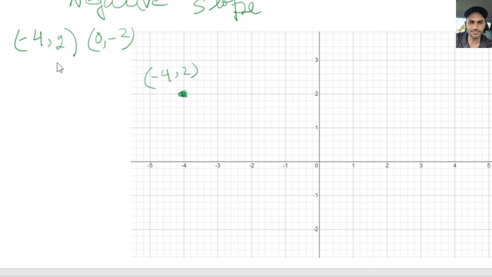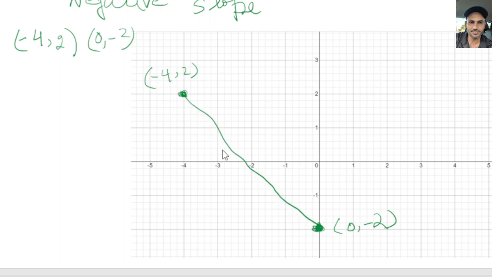And then the next point is 0, comma negative 2, so it's 0 right here and negative 2 right here. It's right on the vertical axis.